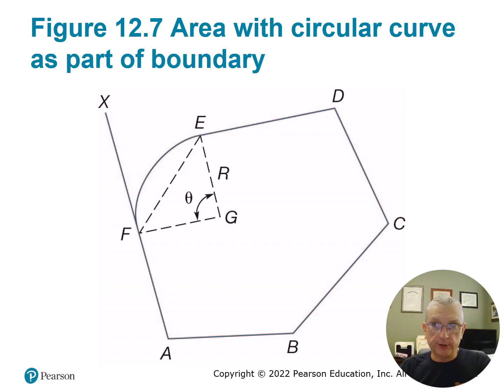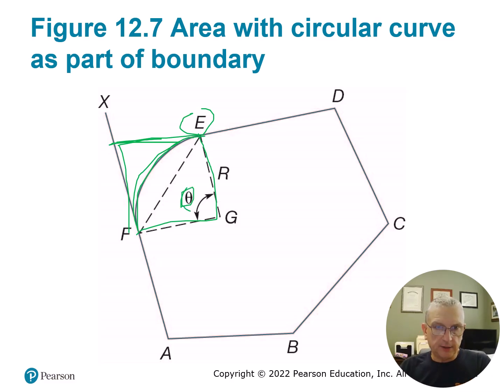So basically what we do is use the geometric formulas for circles and areas of circles and areas of the part outside the circle. Here we would go A, B, C, D, E. Instead of going straight to F, we would probably wind up going to G and then F, so that we're going to be adding part of this circle. Once you find the area of the straight lines, you lay that aside.